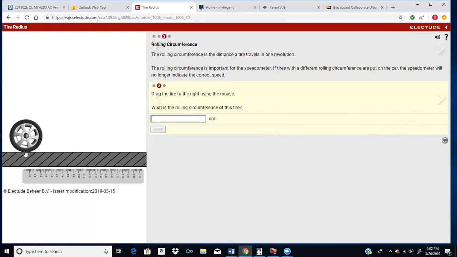And so now see this white line here. All right, so let's roll it. Oops. Roll. Okay, so that's 1 revolution. So what is the rolling circumference of the tire? Again, the rolling circumference is the distance the tire travels in 1 revolution. So we can see that 1 revolution, that's at like 190. Let's see if we're correct. Okay, good.